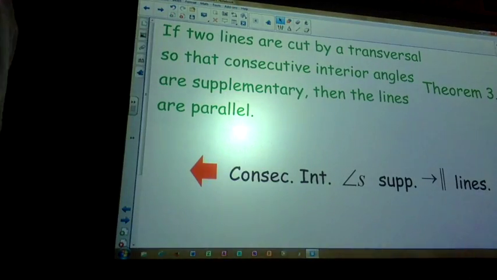Consecutive interior angles supplementary, therefore parallel lines. We have plenty of time, I think.